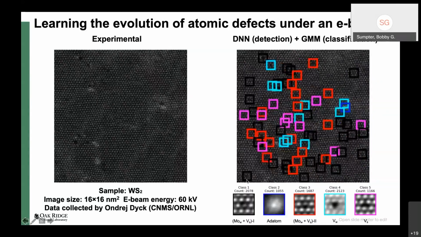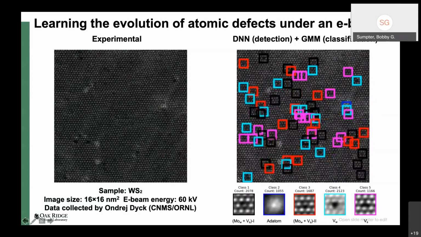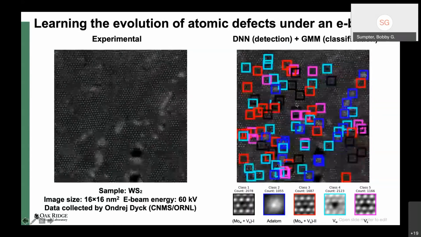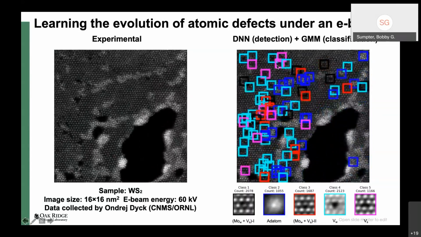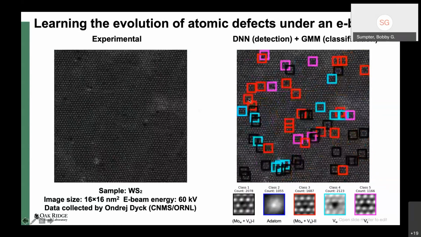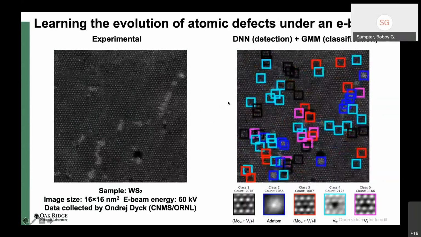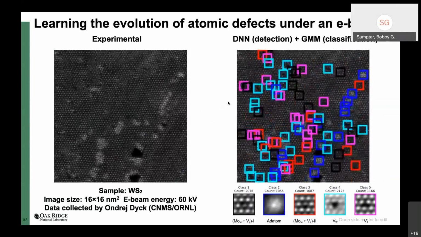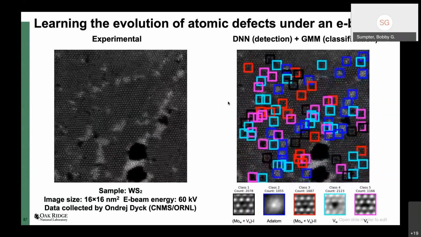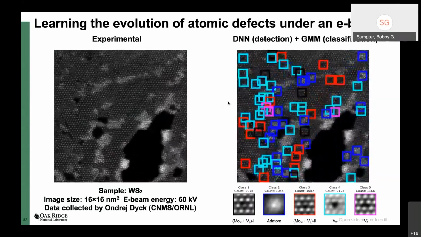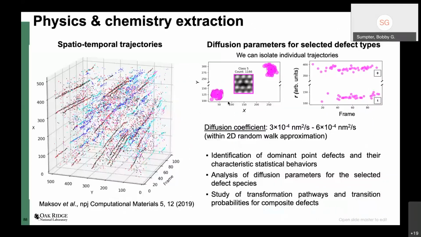If you look at that, it's a lot of stuff happening over here on the right that correlates directly with what's happening on the left. And we can classify each of the defect types that happen during that actual experiment. And if we can do that, then we can learn a lot about the physics of defect formation, defect evolution, defect creation, and defect dynamics, which we don't understand at this point. So we can track them as shown here.